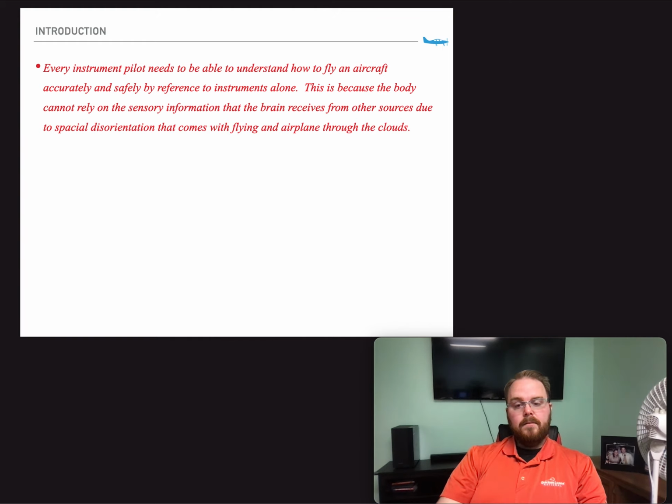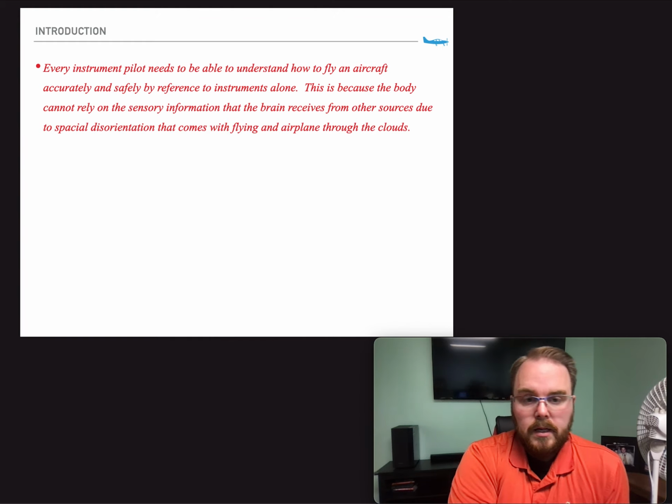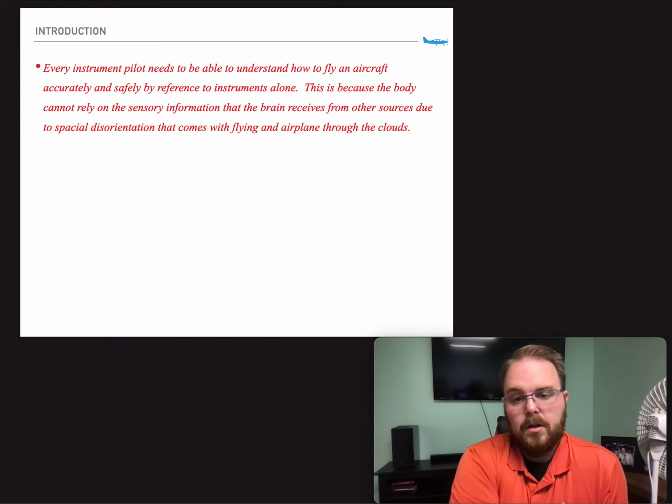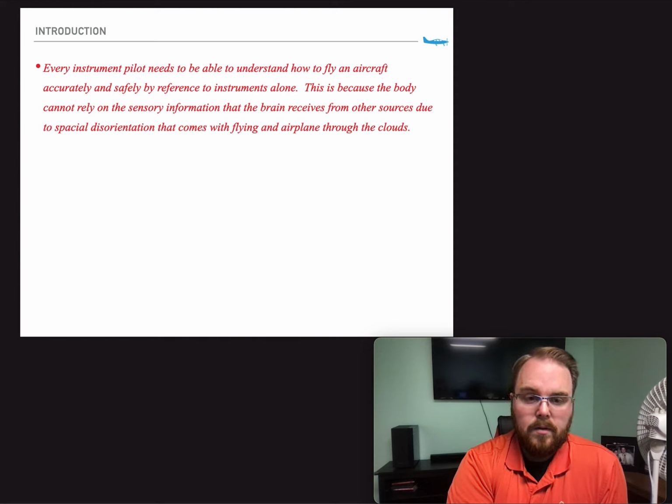So, for introduction, every instrument student needs to be able to fly the aircraft accurately and safely by reference to flight instruments alone. The reason that we need to do this is because our brain cannot process the information in flight when we're flying in IMC, when we have no vision to help us out, because our vision is obsolete.